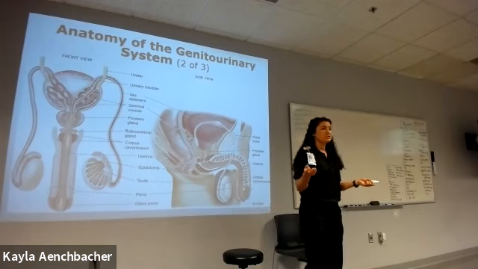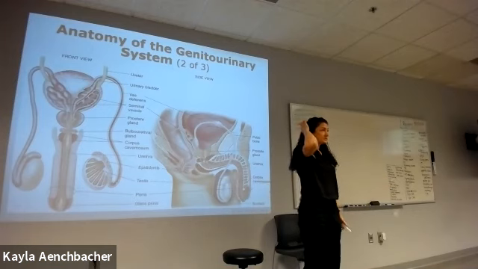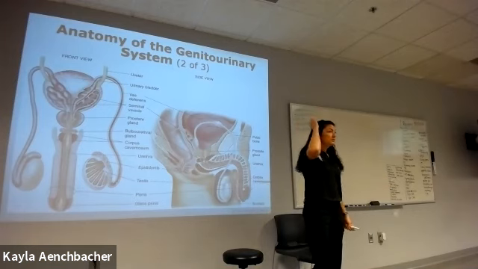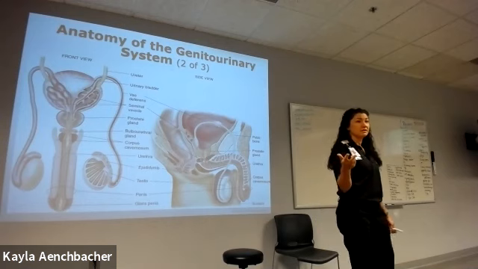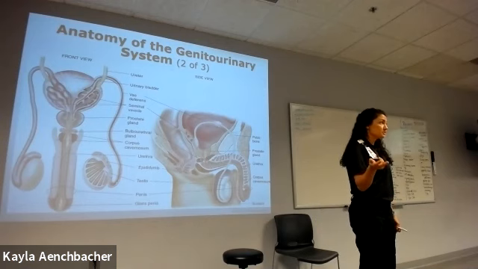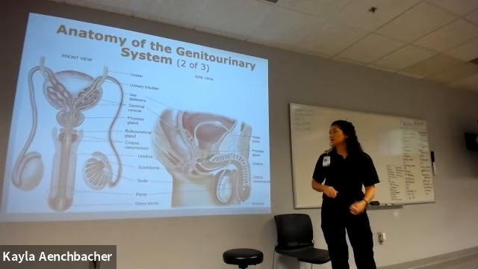What's going to be true across the board for genitalia injuries? Very distracting, very vascular, so we're going to have a lot more blood loss and very painful. There's a lot of sensory nerves. All right, so keep that in mind.